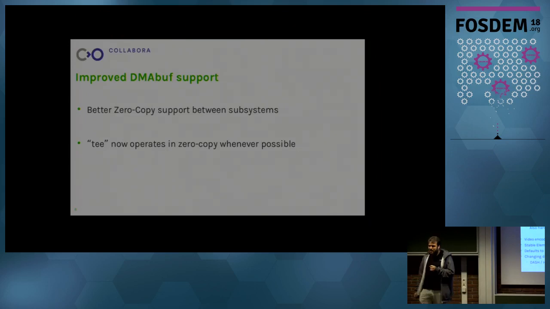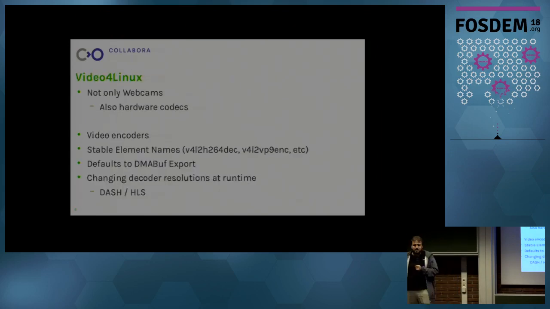Next is my mega slide about Video for Linux. Video for Linux is the Linux kernel API that everyone knows as the one for webcams, but it's also the API that is recommended for implementing hardware encoders and decoders on Linux.